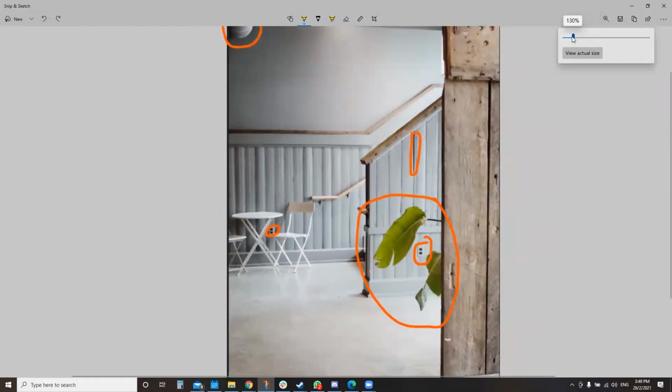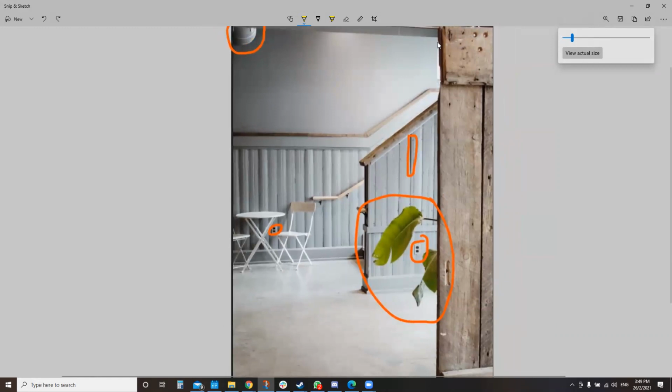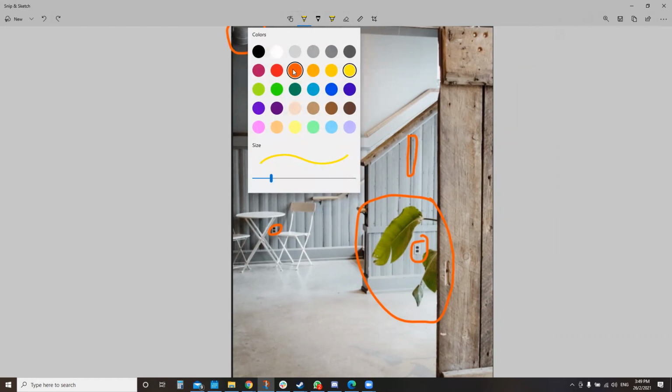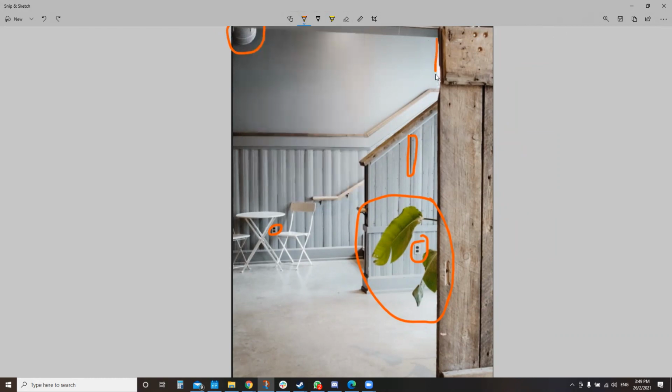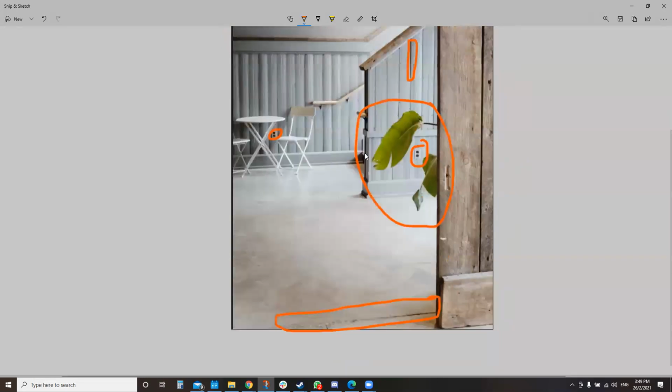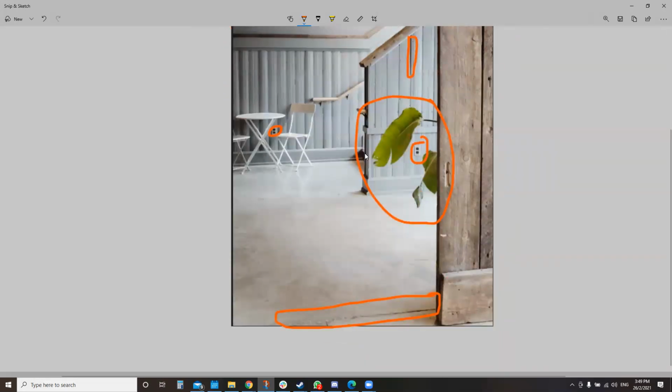This small part of the light here. Yes, this should have been also removed. So you see, as you're looking at a picture, you will find certain interesting things that could be removed. And if there's some small dirt on the floor, that also should be removed, because they're trying to make the picture very staged.